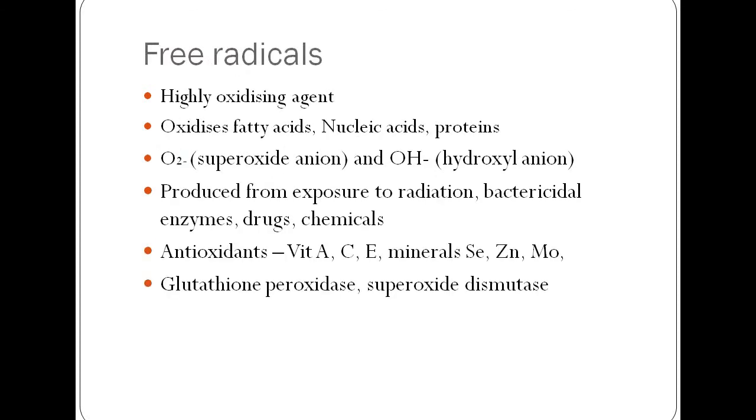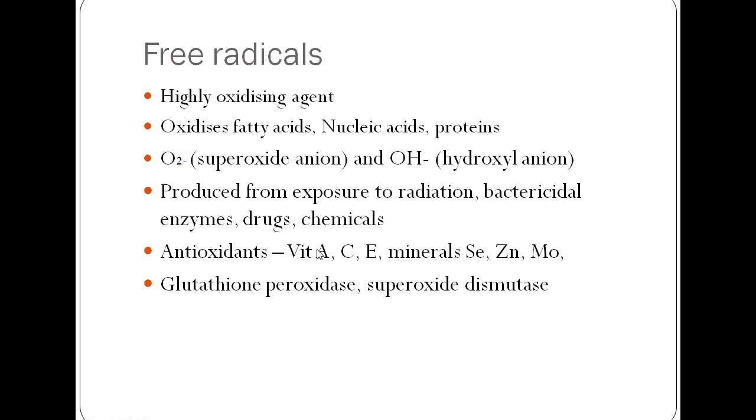And then the free radicals. Free radicals are highly oxidizing agents produced inside the cell, and they have the ability to oxidize fatty acids, nucleic acids, and proteins. In our system we have the superoxide anion, O2 with a superscript minus, and the hydroxide anion, OH with a superscript minus.